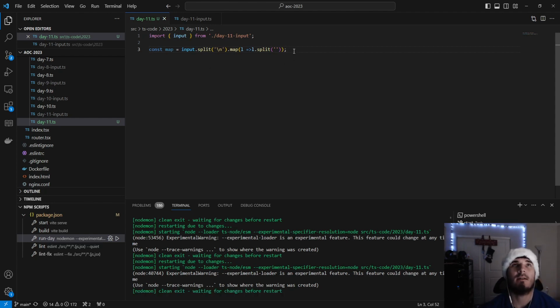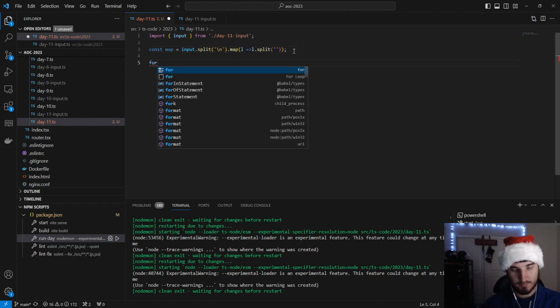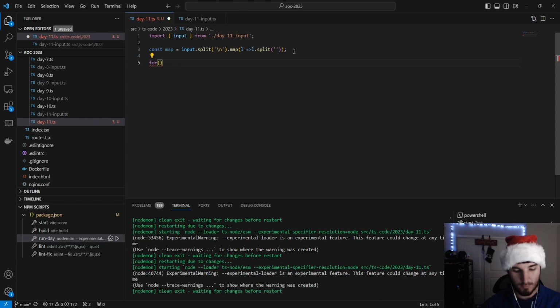Now the rows is pretty... Actually, let's just do this. For let y equals 0, while y is less than map.length, y plus plus.